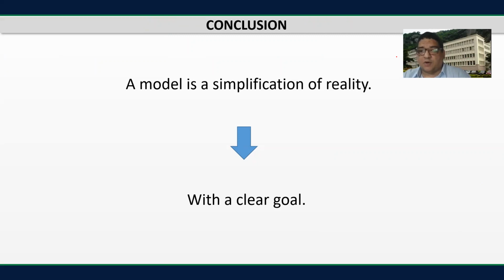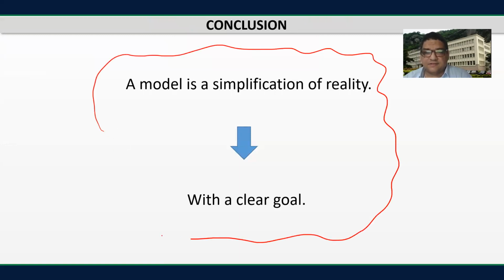So I can use a model that can solve this problem. So this is the idea that I want you to put in your brain, put in your mind. A model is a simplification of reality with a clear goal.